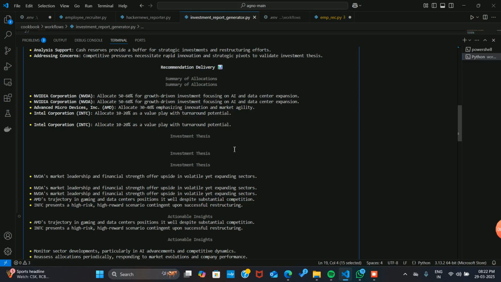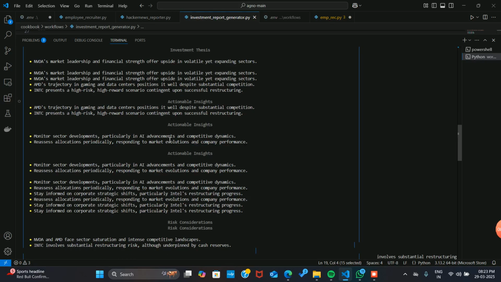So there is potential in Intel. A lot of people are saying that Nvidia has taken over, and obviously it's a top-notch player in today's world. But there are still hopes Intel will turn around because it does have the potential. So in terms of allocation, this is 10 to 20% as a value play.